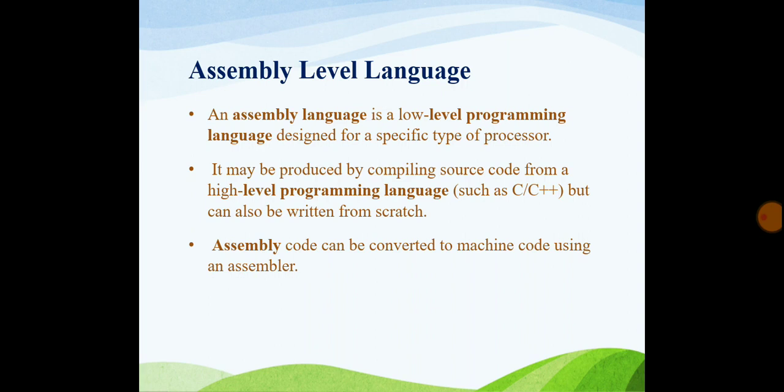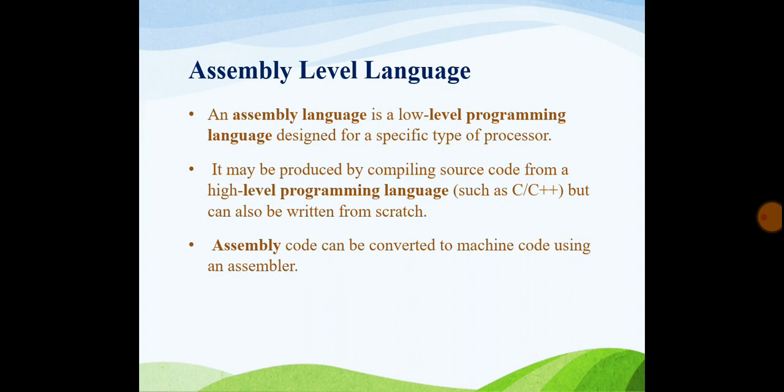Now this assembly level language was a lot easier to learn, and someone can learn programming more easily than with machine level language. But assembly level language also had some of the same difficulties. It was easier to write programs than in machine level language, but if the program size increases, it is again difficult to spot errors, and code written in assembly level language was also computer architecture dependent.